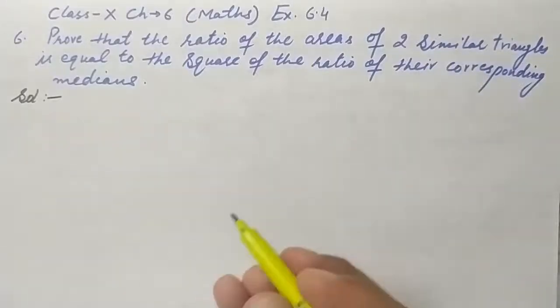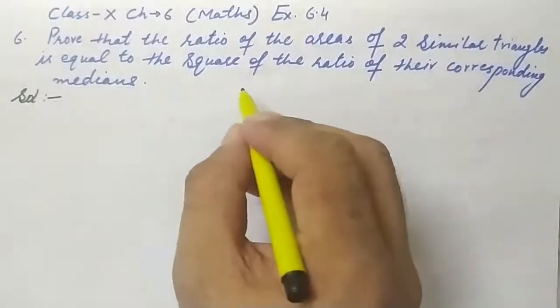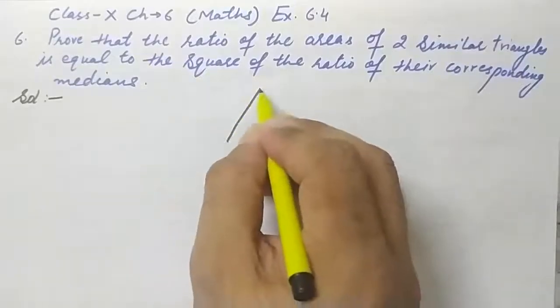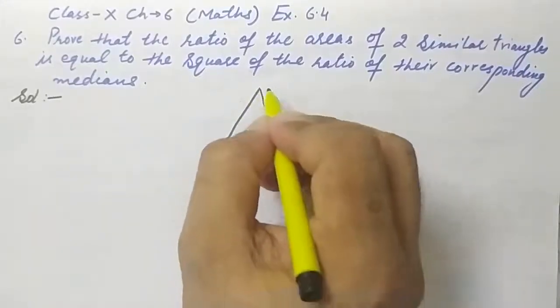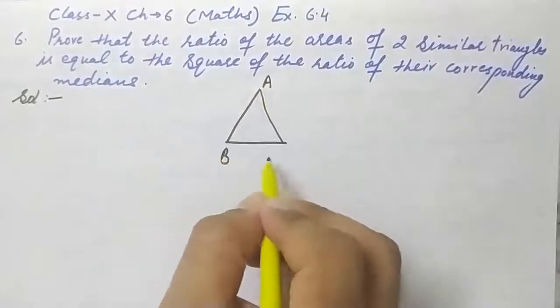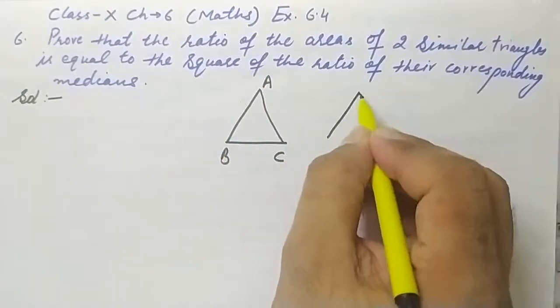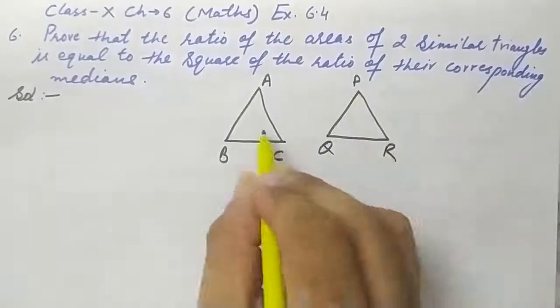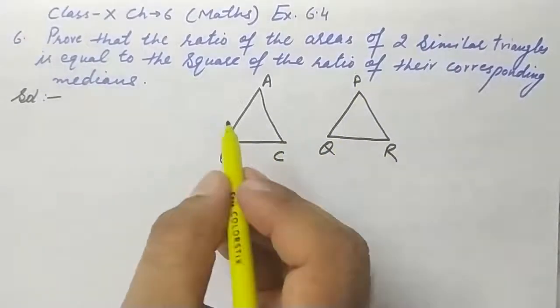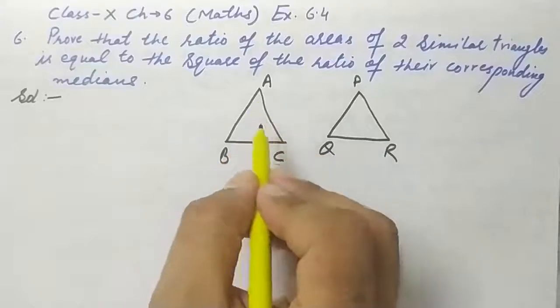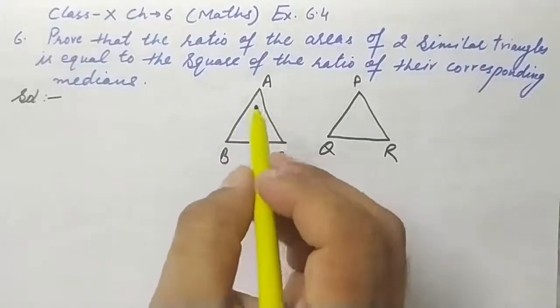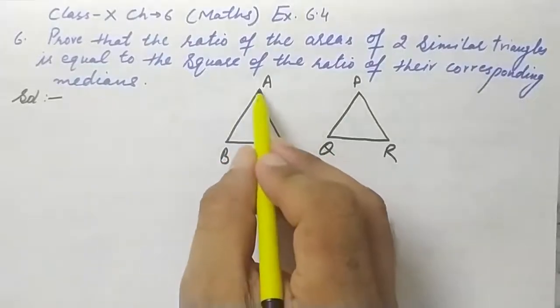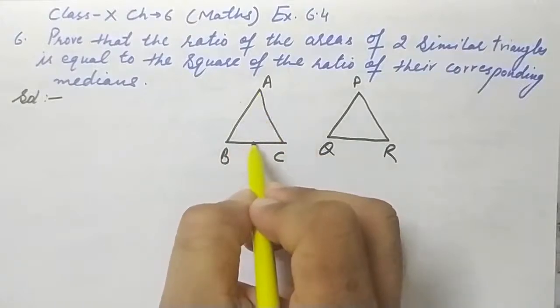So let's draw the figure and understand the question. Suppose this is triangle ABC, which is similar to triangle PQR. Median is also given, so I tell you what a median is. A median is a line segment joining the vertex to the midpoint of the opposite side.